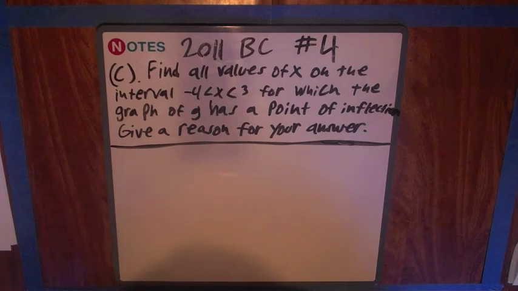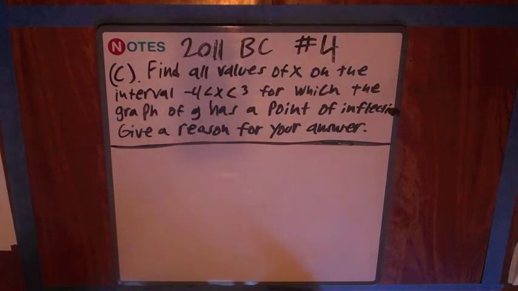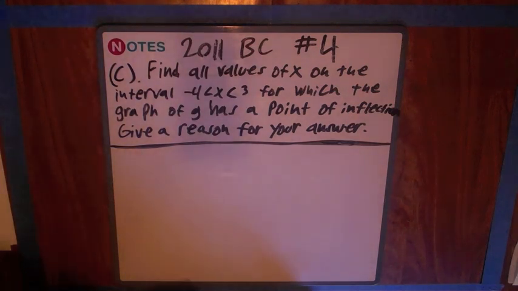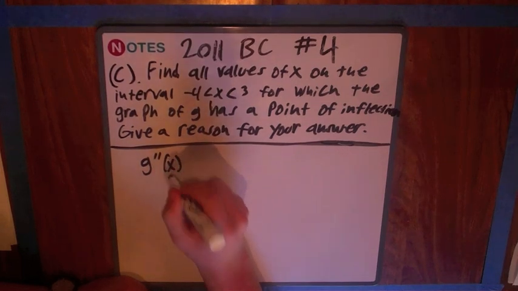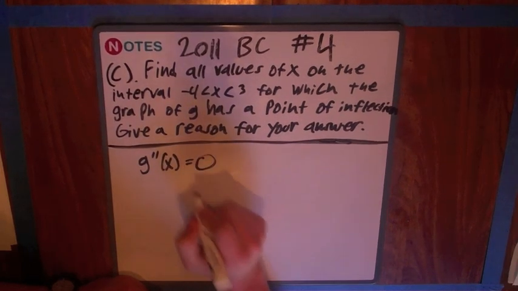Part C. Find all values of x on the interval -4 less than x, x less than 3, for which the graph of G has a point of inflection. Give a reason for your answer. So for this one, basically for inflection points, we just need to find where the second derivative, G prime prime of x, equals 0.